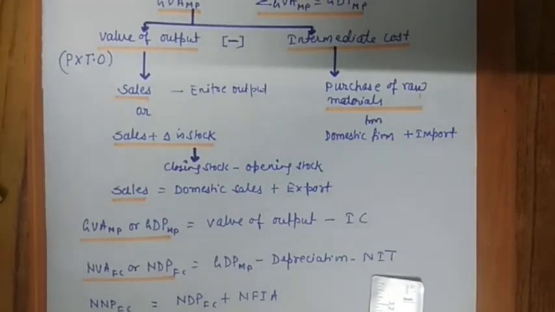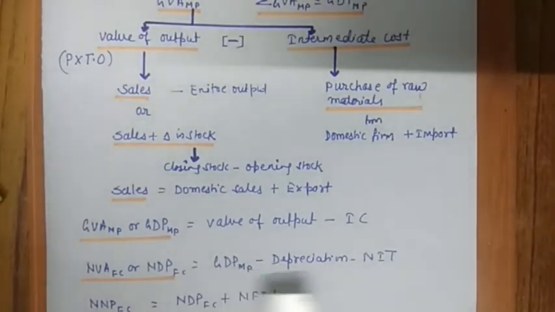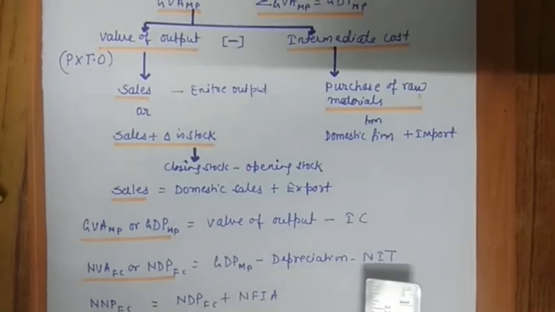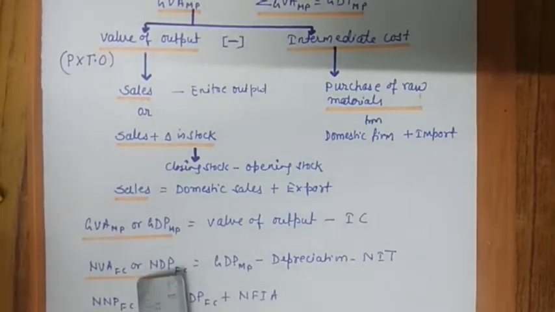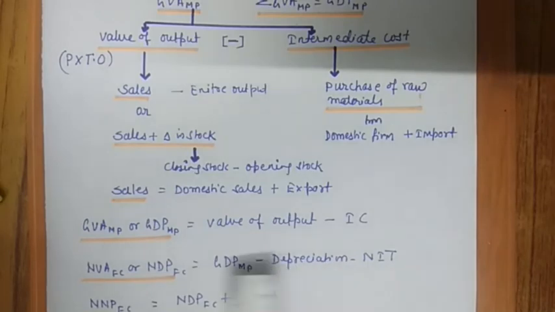Sometimes students make a mistake in this. So NIT is net indirect tax, that is indirect tax minus subsidies. So when you deduct depreciation and net indirect tax from GDP at MP, you will get the domestic income or NVA at FC. So this was your domestic concept.